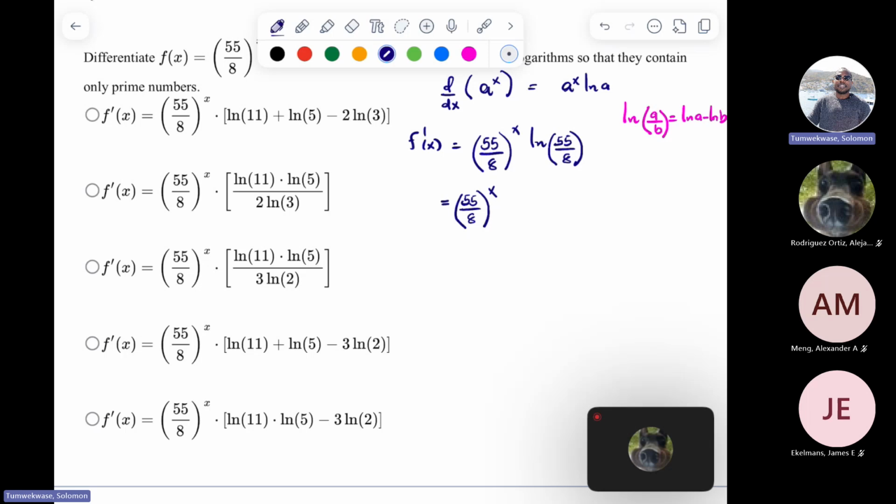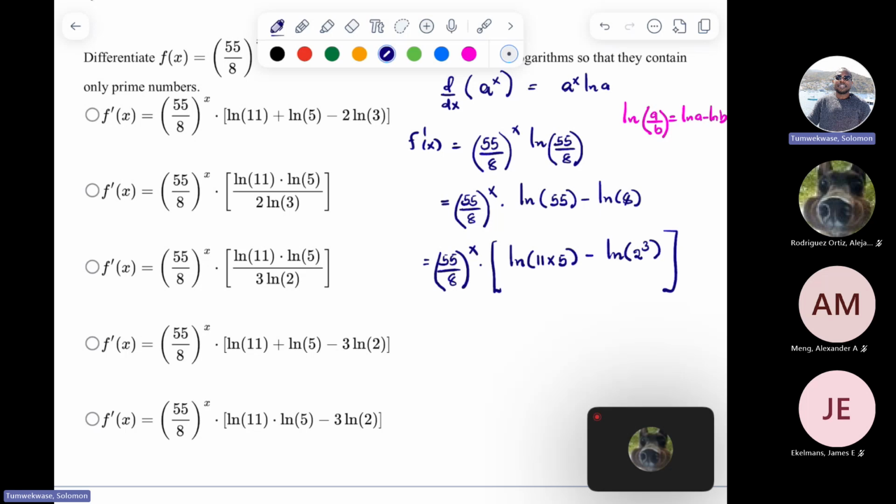So this guy here will be times natural log of 55 minus natural log of 8, right? This is 55 over 8 to the x, then times 55, I can write it as 11 times 5, right? Then minus natural log of 8, and 8 I can write it as 2 to the power 3.